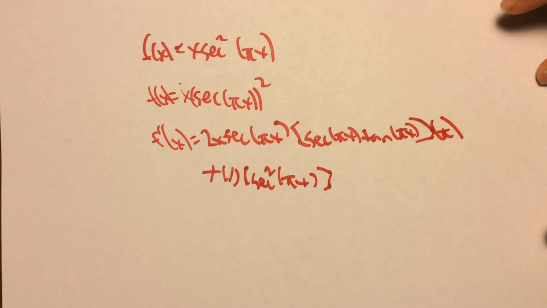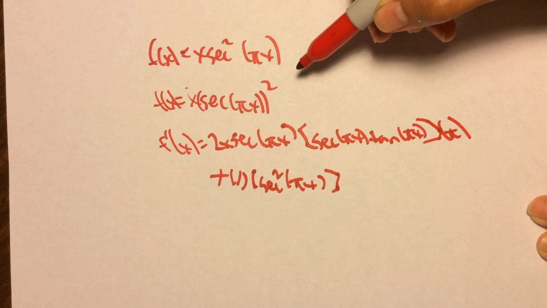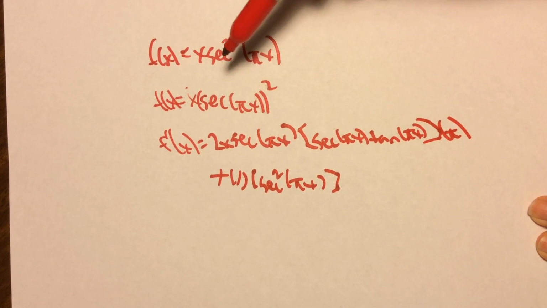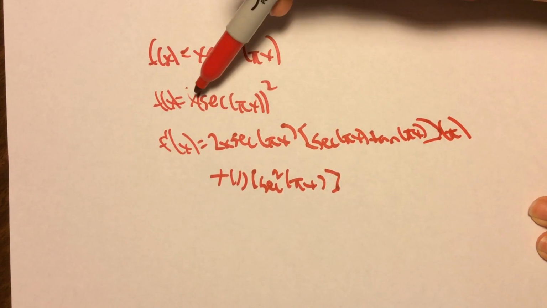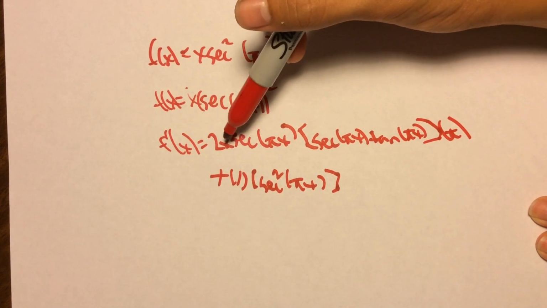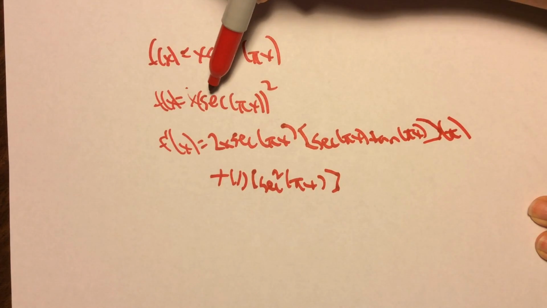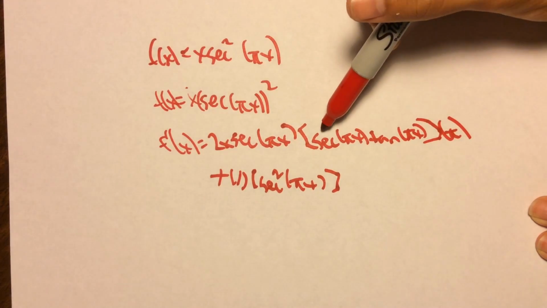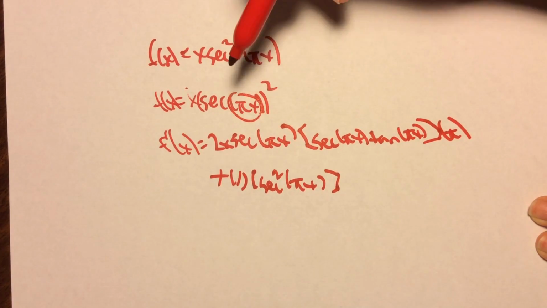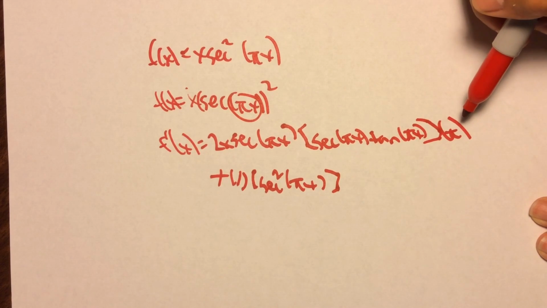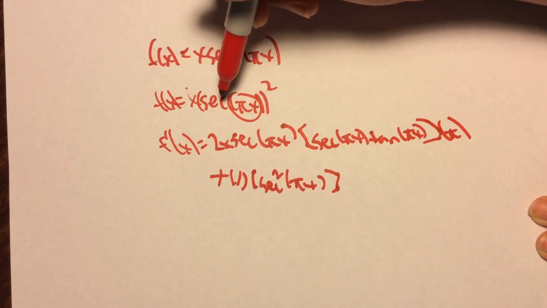So let's go over what we did. First, we would use the chain rule and the product rule. So on this side, we took the derivative of secant of pi x squared and left x. So it would be 2x times secant of pi x. Then we would have to take the derivative of the inside, which is secant of pi x, and that equals this. And then we have to take the derivative of this, which would just be pi. And then, because we're doing the product rule, we have to take the derivative of x times this.